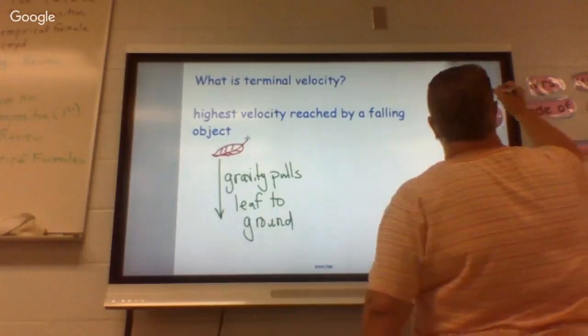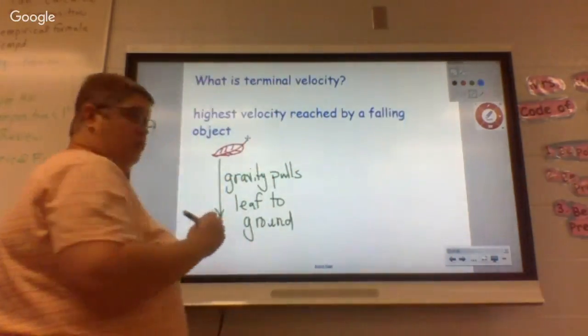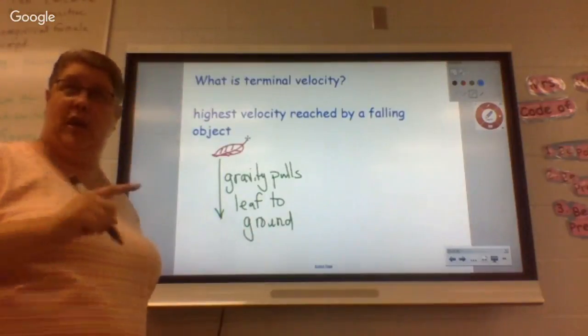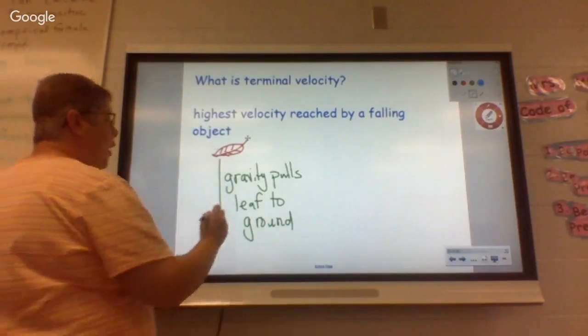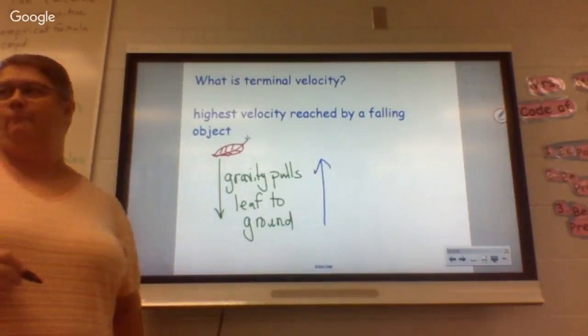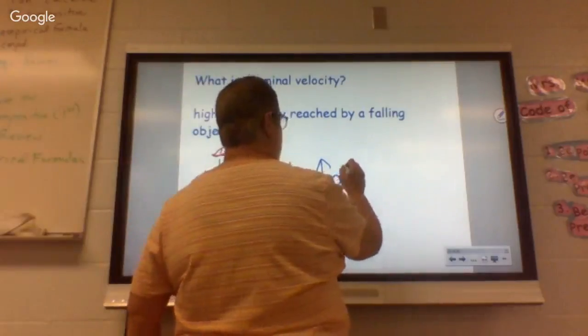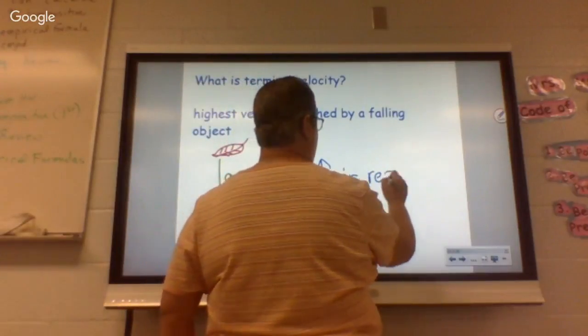Now, when you think about the paper from yesterday, it floats down. It doesn't fall in a straight line, right? So what pushed up on the paper? What caused it to float? There you go. That's exactly right.